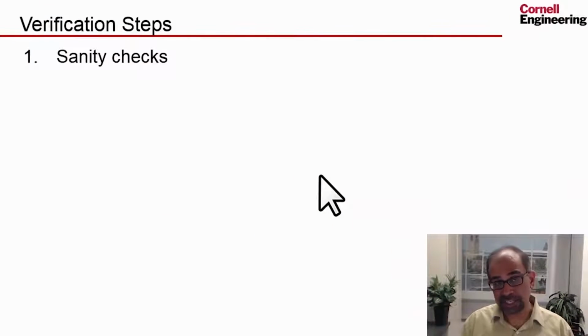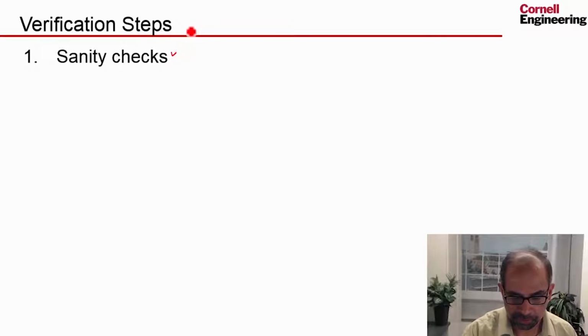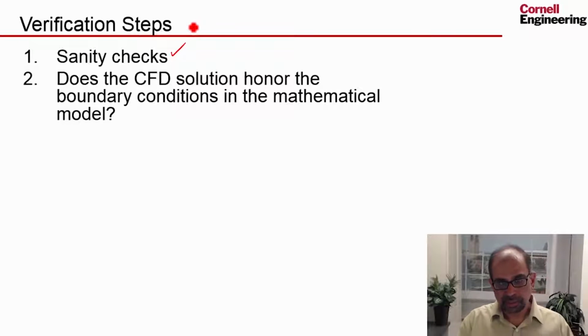First thing is to do sanity checks, and we checked the trends in velocity and pressure against expected trends. So I think we did a fair bit of that. Next thing to look at is, does the CFD solution honor the boundary conditions in the mathematical model?